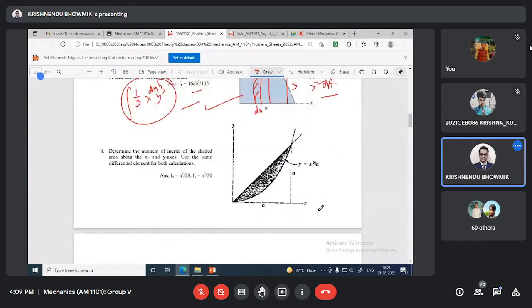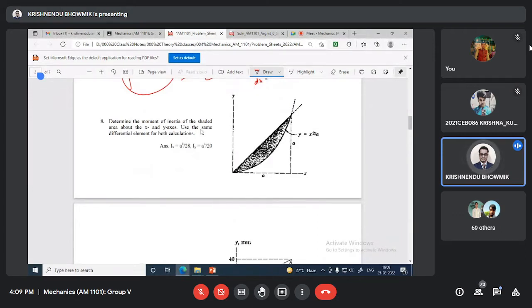Done. 8: determine the moment of inertia of the shaded area with respect to x and y axis. Use the same differential element for both cases. Let's take the vertical strip. This is the strip you can consider. So this is equation 2, this is equation 1.